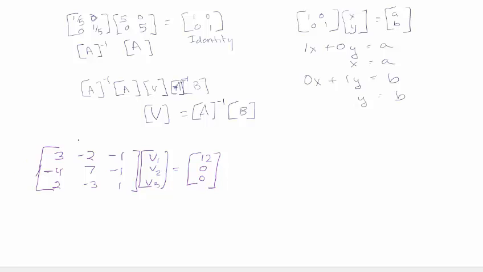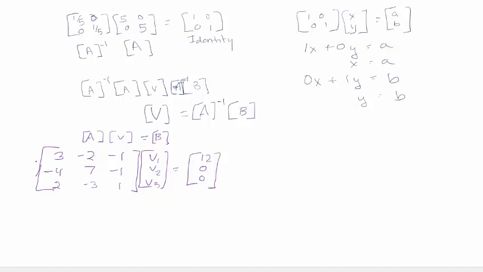Now there is a formula for finding A inverse. So you can find A inverse, or I can go ahead and say that I will find A inverse, but I want to use a math program, so that's what I'm getting at.